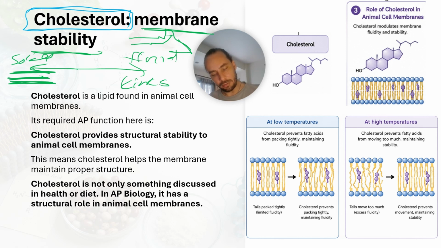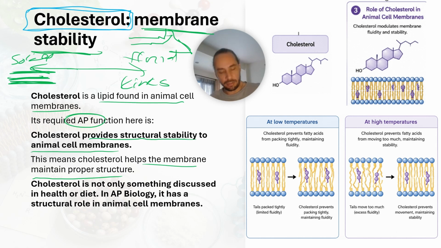Now, cholesterol is a lipid found in animal cell membranes. Now, the required AP function that you need to understand is that cholesterol provides structural stability to animal cell membranes. This means cholesterol helps the membrane maintain a proper structure. It's not only something discussed in diet, it has a structural role in animal cells.